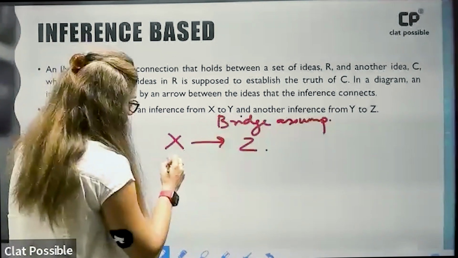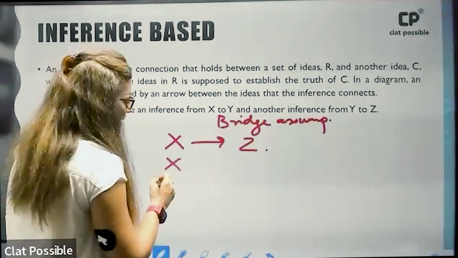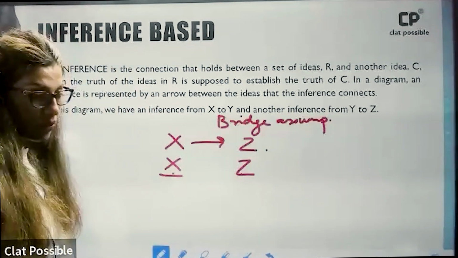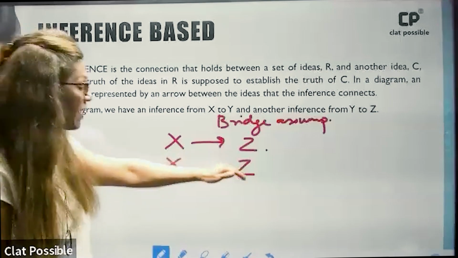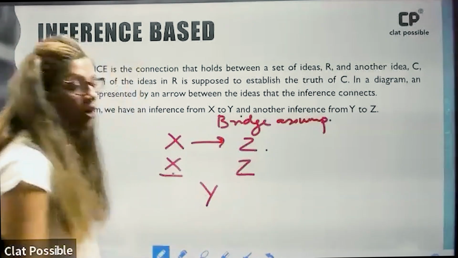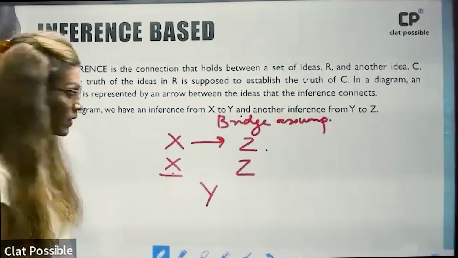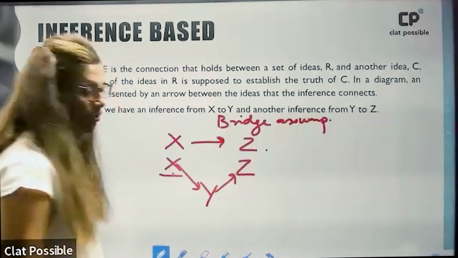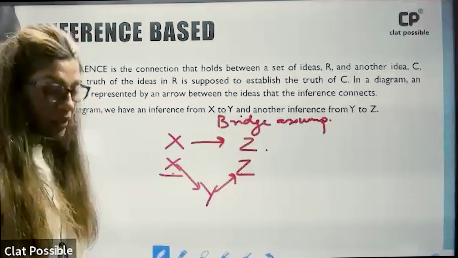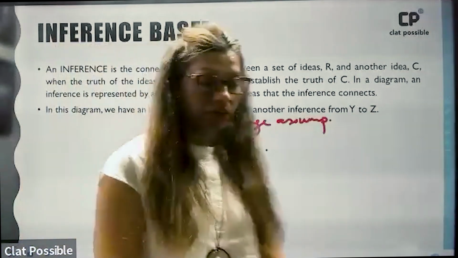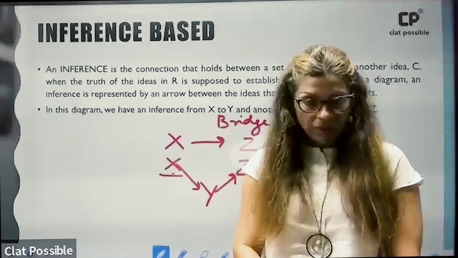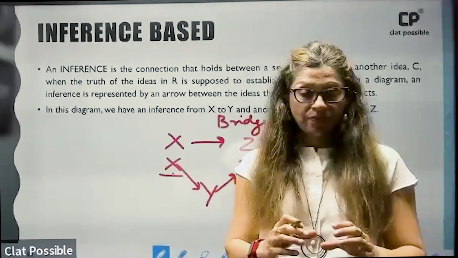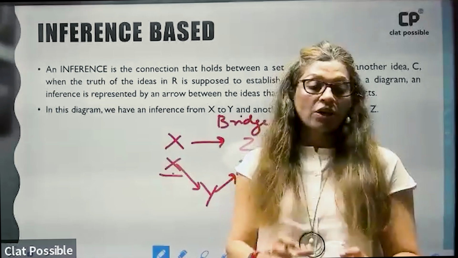This bridge assumption would mean that there is something in X and something in Y which are not connecting directly. From the keywords of X and Z, we would have found an option called Y from the four options, and we would have shown a connection between this and then finally this and the bridge. This is the scenario when it is not written. But when it is written, this becomes a necessary intermediary step and hence it is an intermediate conclusion.